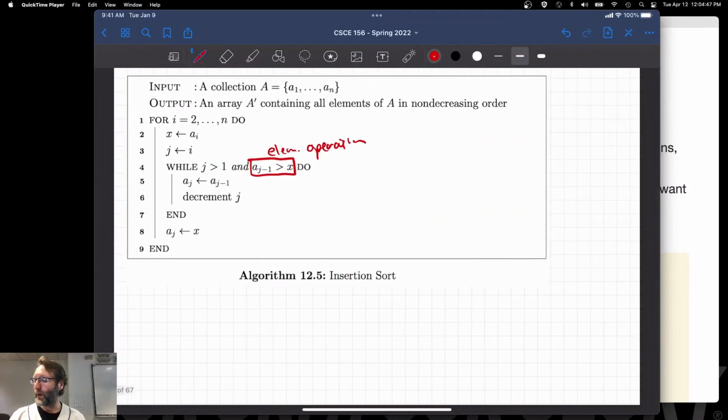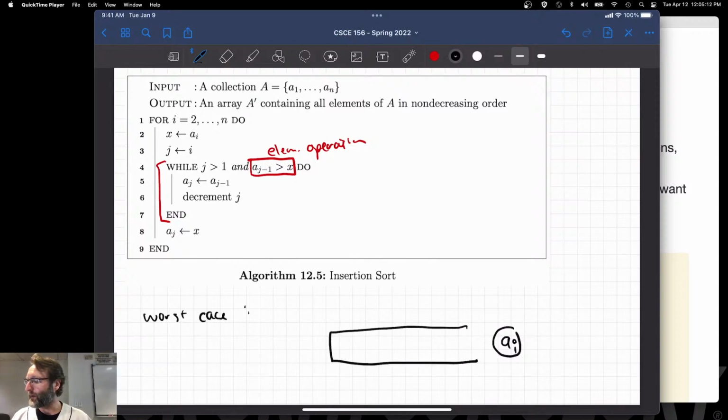All right? So let's focus on this inner while loop here. The outer while loop, that's easy. i running from 2 up to n, right? Focus on the inner while loop here. What is the worst case scenario? Let's visualize it. So you've got the ith element here, a sub i.